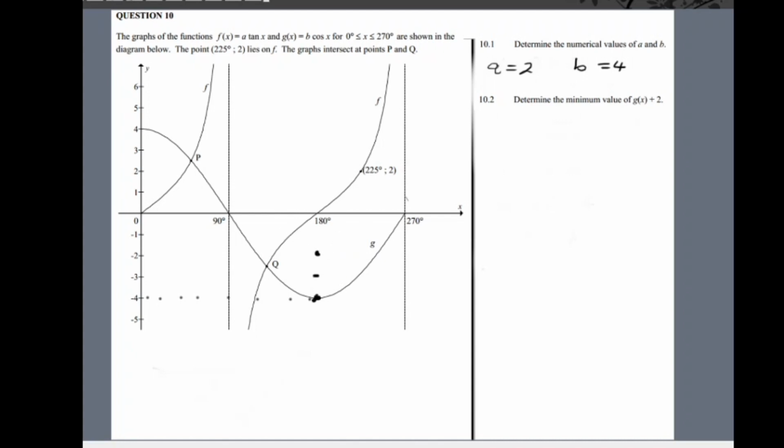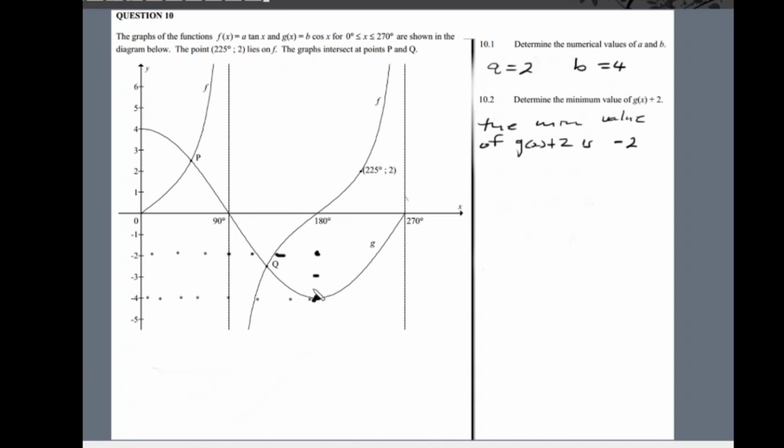So shifting this minimum value 2 units up, it will take us to -2, right? So now the minimum value of g of x plus 2 is -2, right?